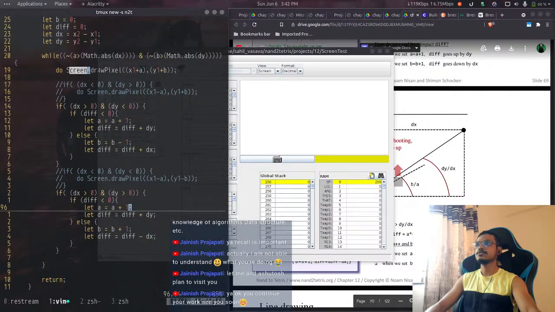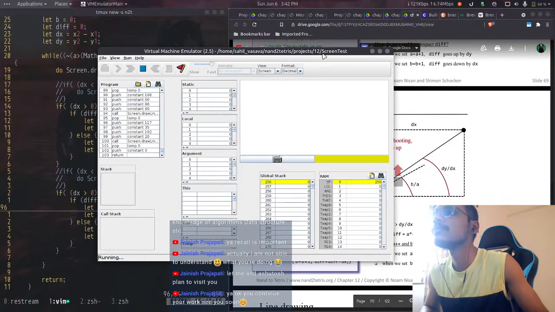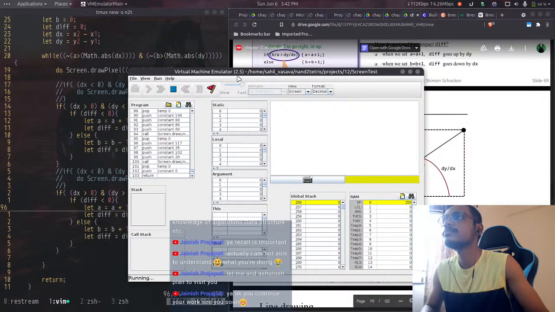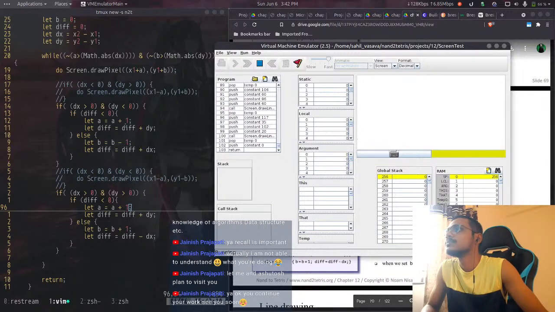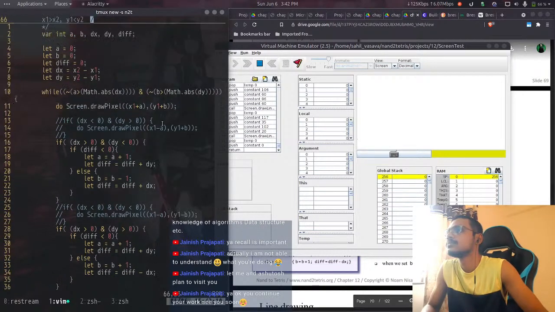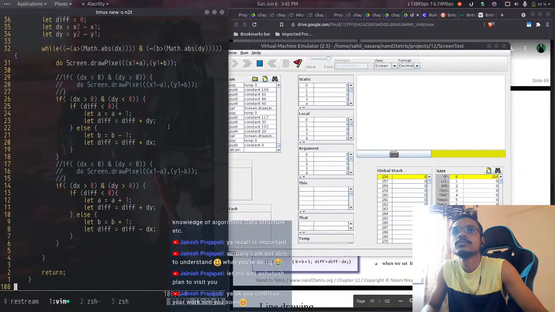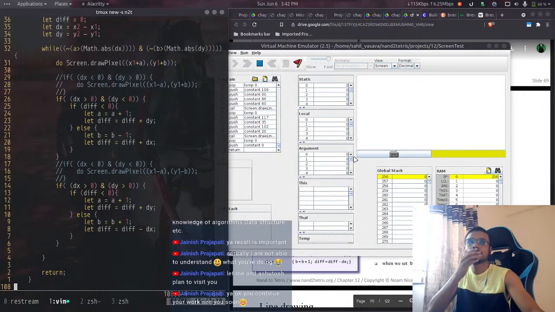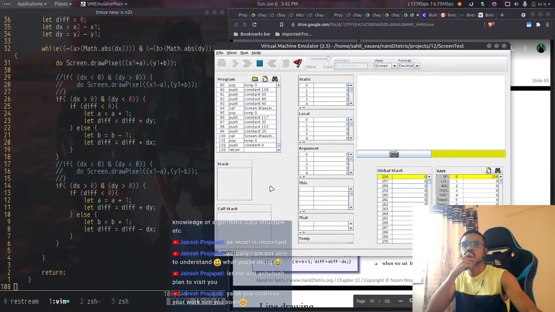It should at least draw a single pixel. Are we getting any pixel values? Not printing anything. What?